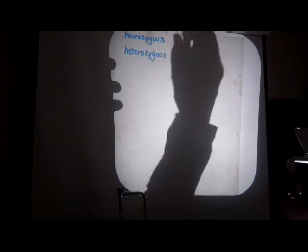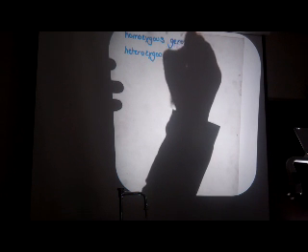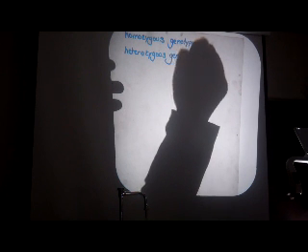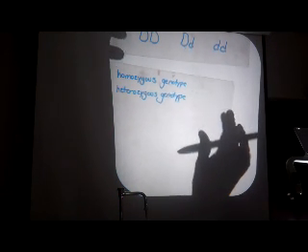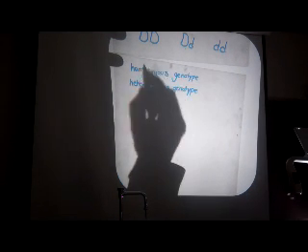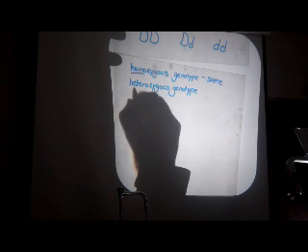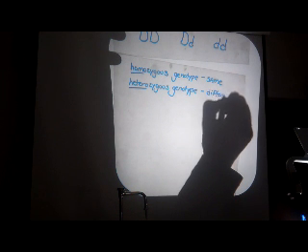I want you to know the difference between a homozygous genotype and a heterozygous genotype. Going back to the examples I just put up there for dimples, the prefix homo means same. The prefix hetero means different.